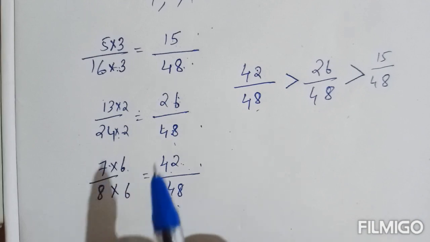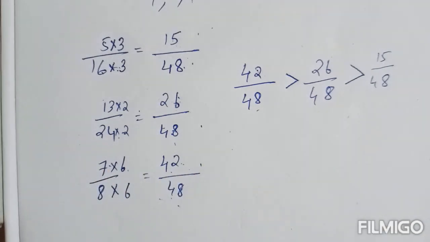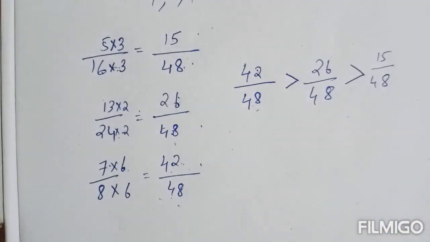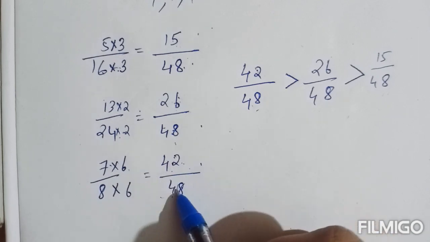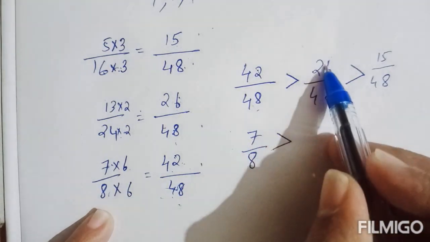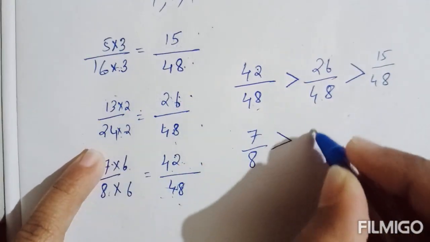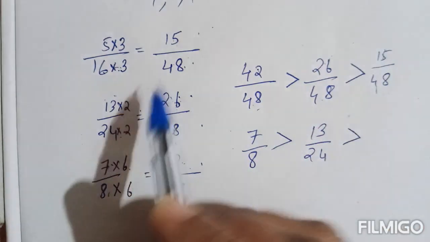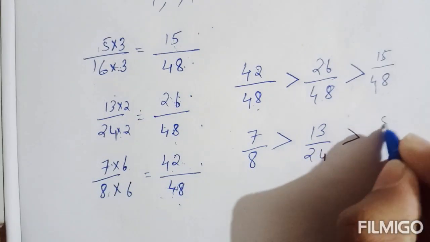Okay. Now we can resubstitute their original fractions given in the question: 5 by 16, 13 by 24 and 7 by 8. In place of 42 by 48 you can write 7 by 8, greater than 26 by 48, you can write 13 by 24, greater than 15 by 48, you can substitute 5 by 16.